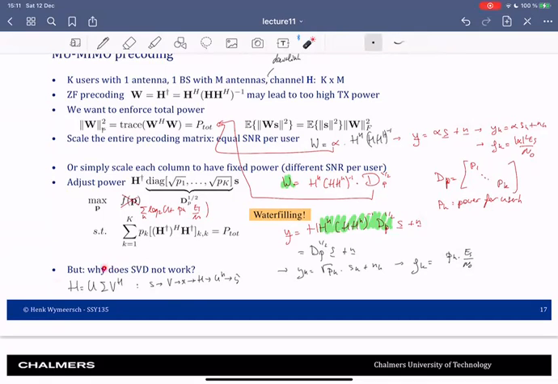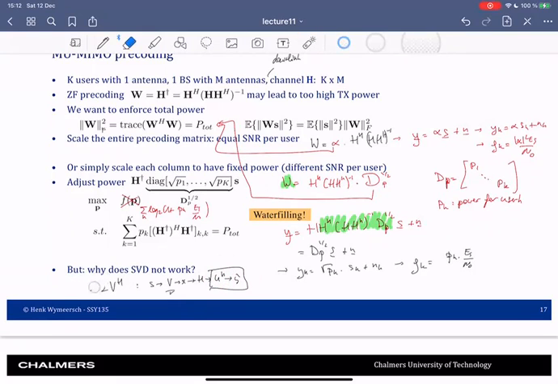The reason that this does not work is because to do the combining, so the pre-coding you can do. Pre-coding is fine, this is okay. The problem is that the combining you cannot do, because the combining would require that the users together do this. The users together would take all their observations together and multiply with U Hermitian.